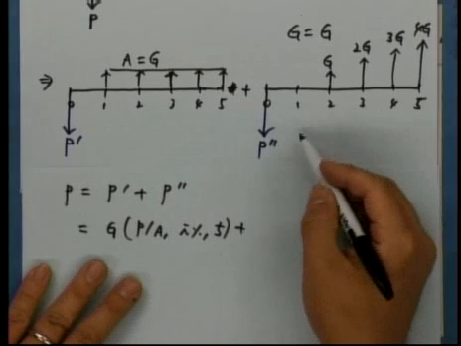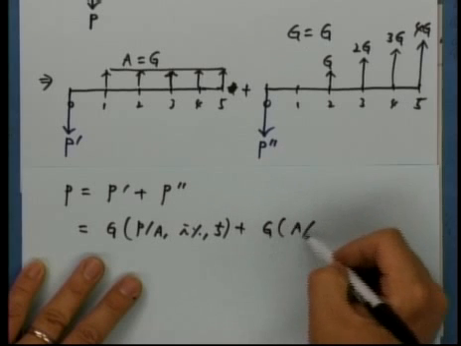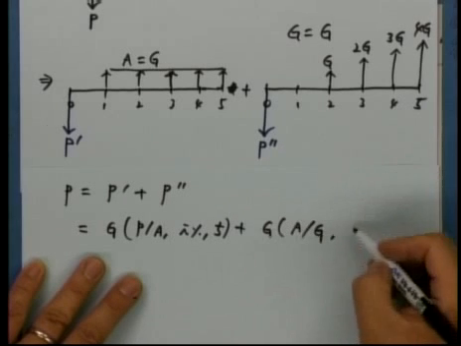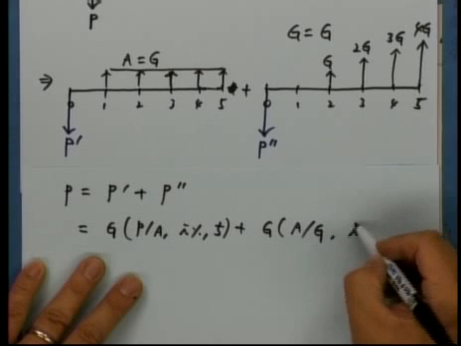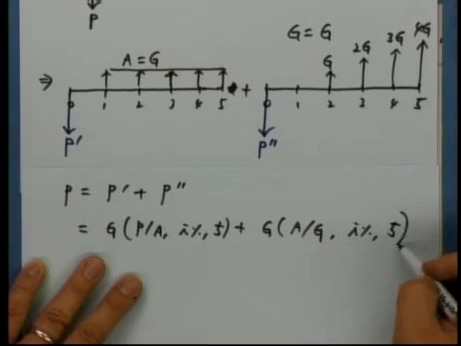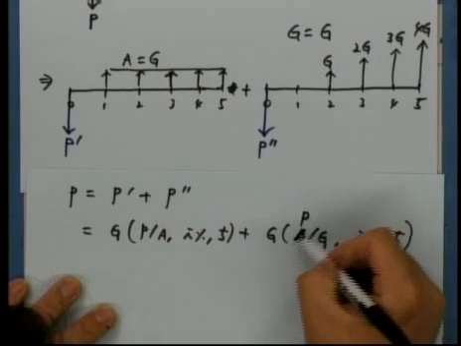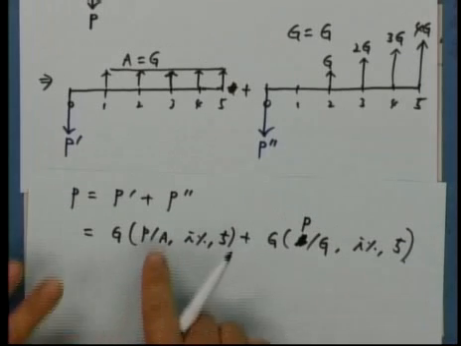And how would you get P double prime here? G times A given G, I% over 5 periods. Okay? Sorry, this is going to be P given G. P given A, P given G.